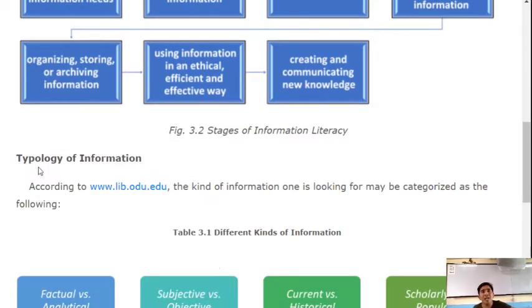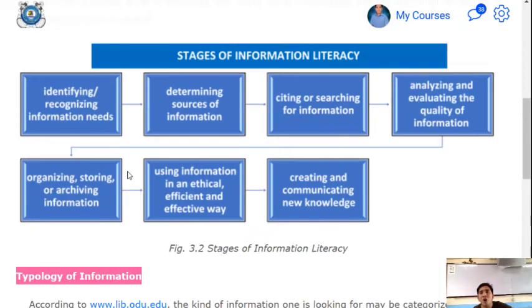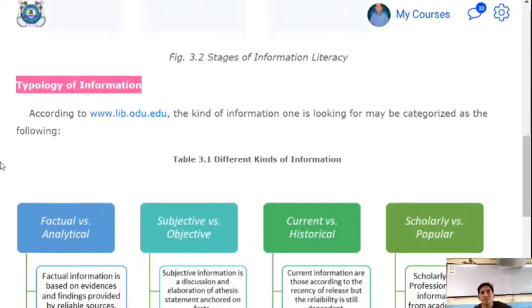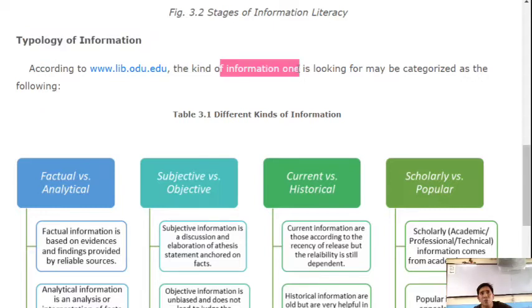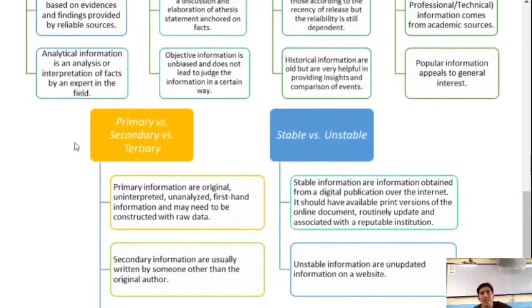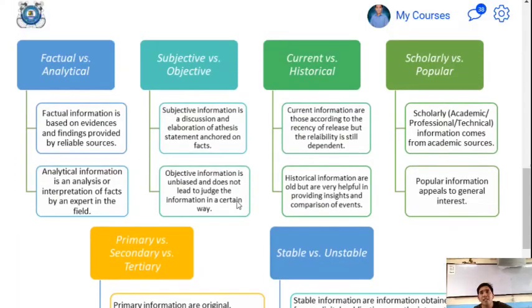Next, typology of information, the different types of information. First, according to www.live.odu.edu, the kind of information one is looking for may be categorized as the following. These are the types of information. First is factual versus analytical.